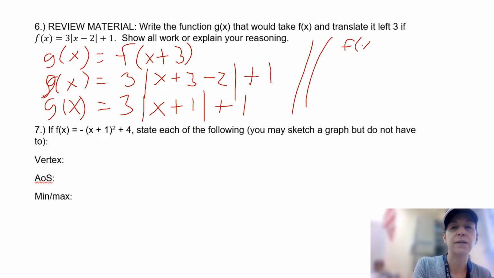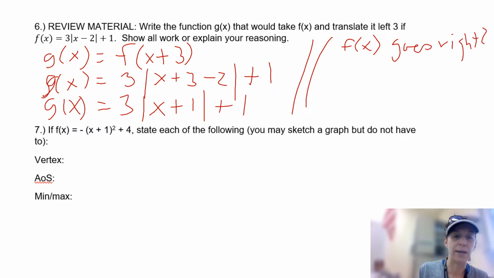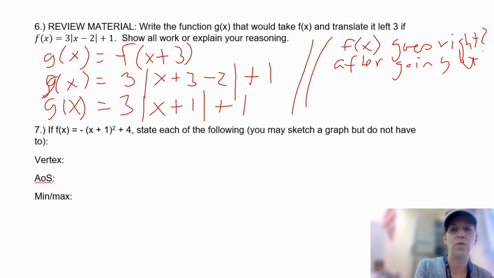f of x maybe goes right 2. Okay, so maybe you recognize that the current function goes right 2. So after going left 3, okay, I know that got super messy and I apologize.